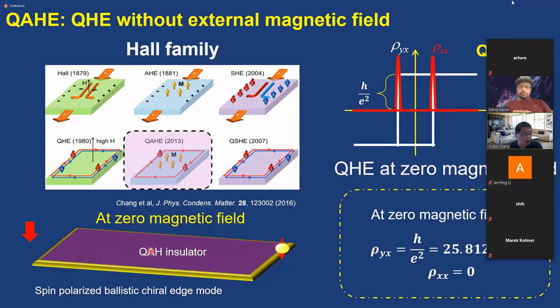In the quantum anomalous Hall effect, at zero magnetic field, when the magnetization is up, the chiral edge state goes this way. When the magnetization is down, the chiral edge state goes the opposite way. So that means the chirality of the edge state depends on the magnetization of the sample.